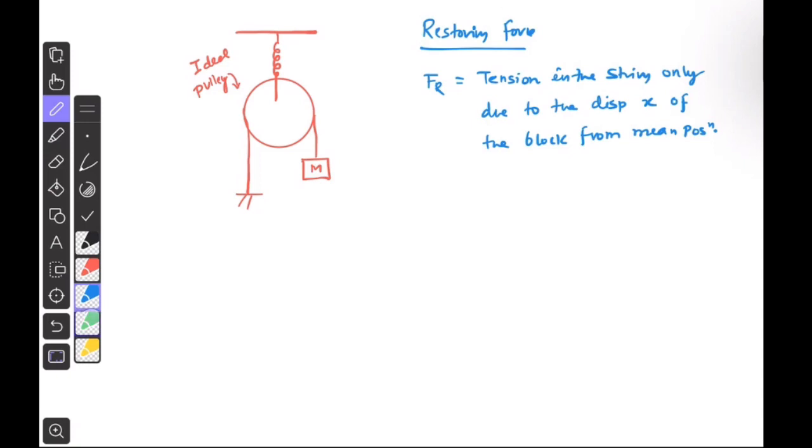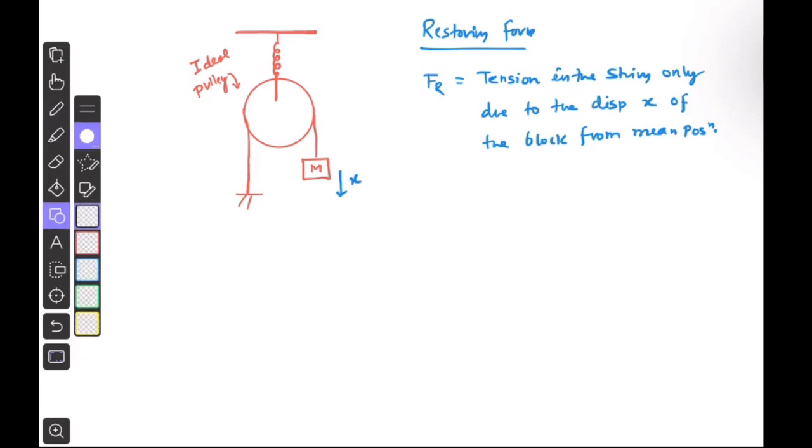Suppose I displace this block down by x from mean position. Whatever the tension in the spring is going to be, we can figure out only when I know what the extension of the spring will be.